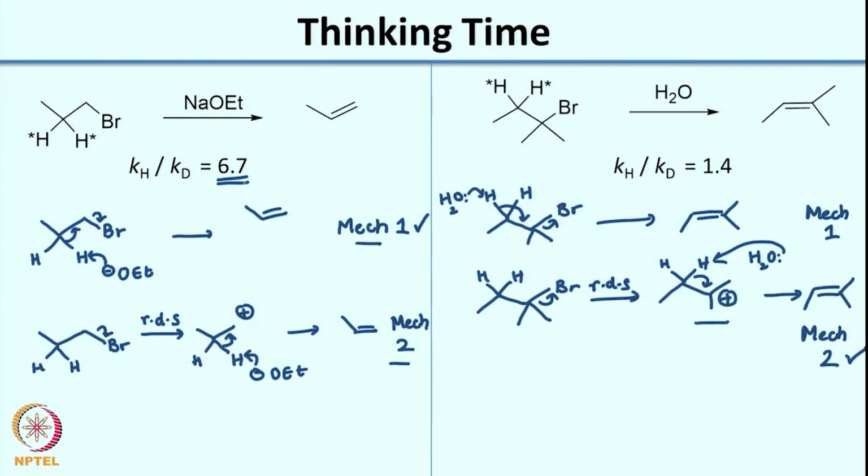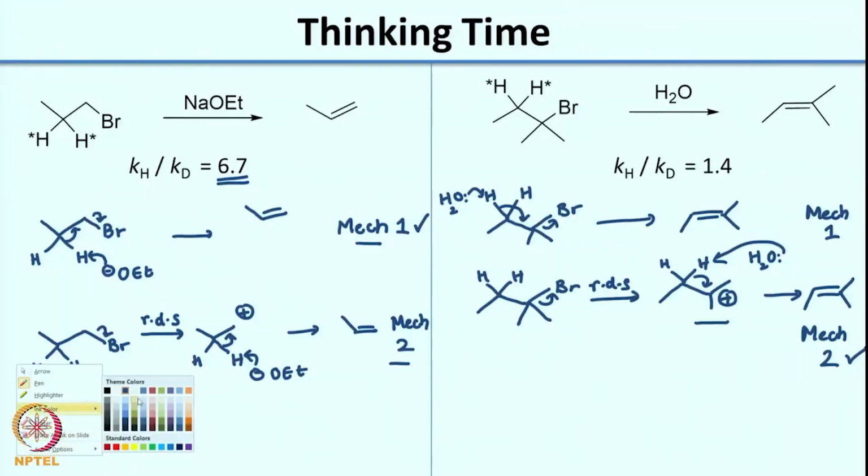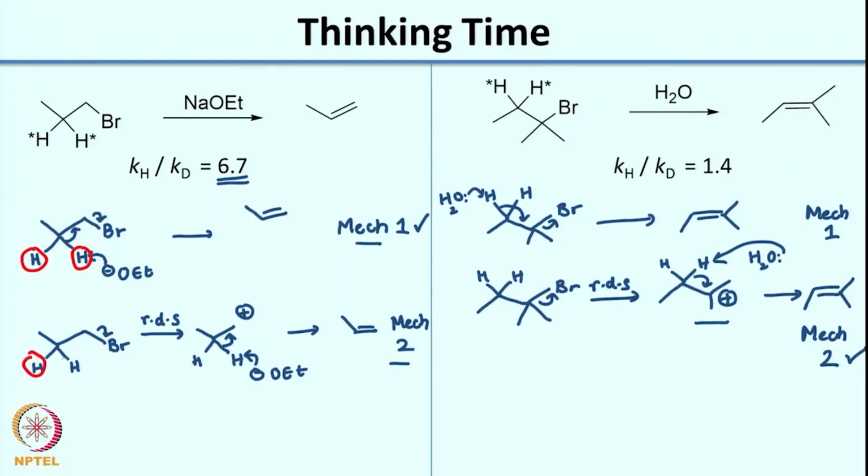Now in this case you have a kH over kD value of 6.7. That indicates that you have a primary kinetic isotope effect. Remember I told you the theoretically maximum value is 7. So now if you look at both of these mechanisms, these are the hydrogens that were labeled, right.